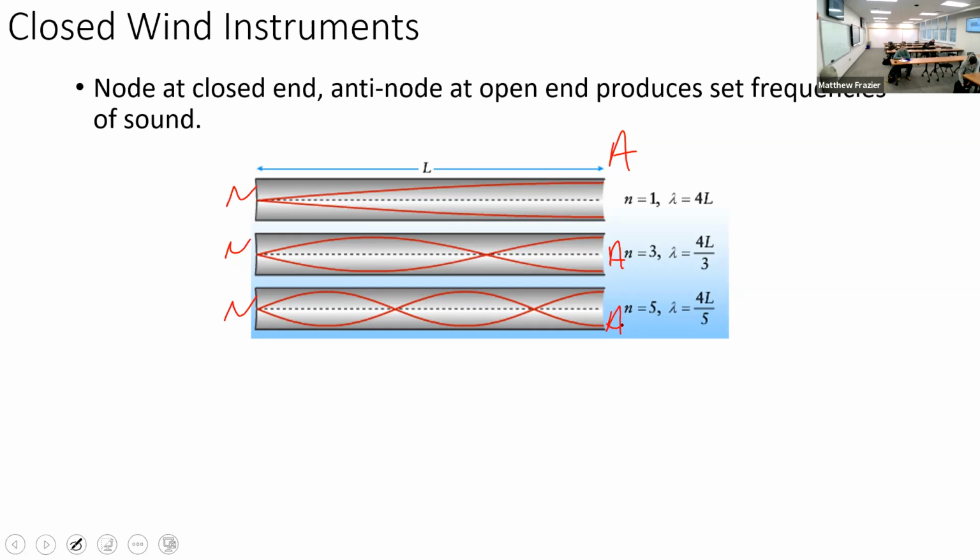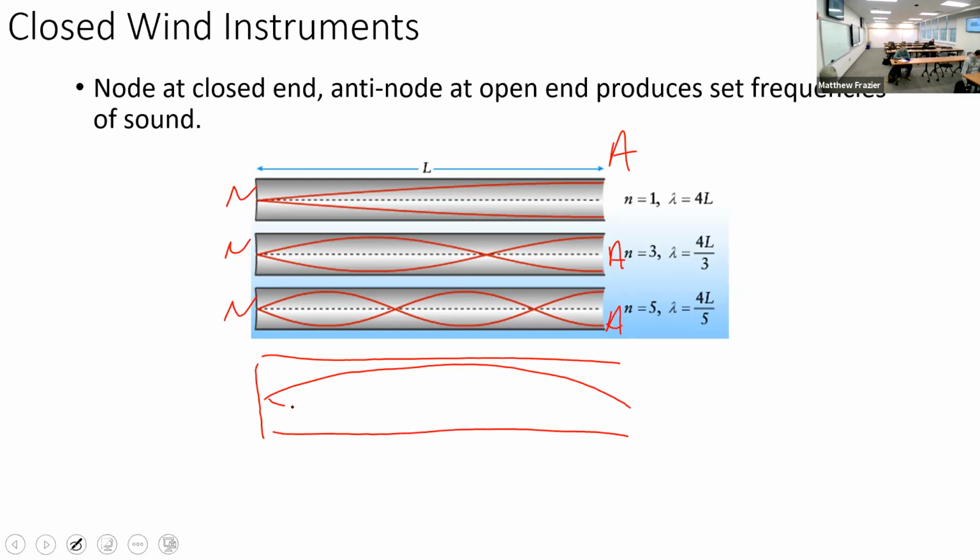So that changes what frequencies we can have. We drew n equals 1 in here. Now below this, I'm going to draw n equals 2. We have a pipe, and n equals 2 would have to look like effectively this. This is a quarter wavelength.